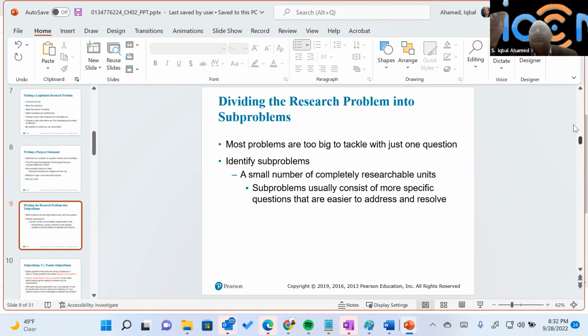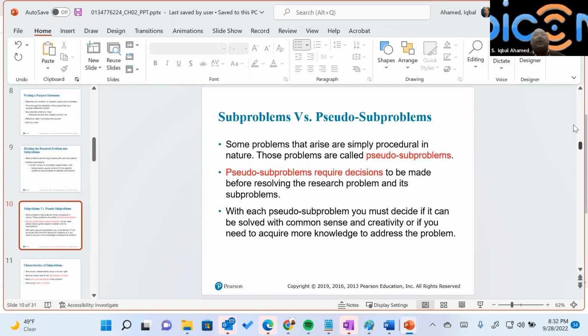So a problem consists of a number of sub problems, and each sub problem needs to be very specific and measurable, and address something specific. So it comes from problem into sub problem.